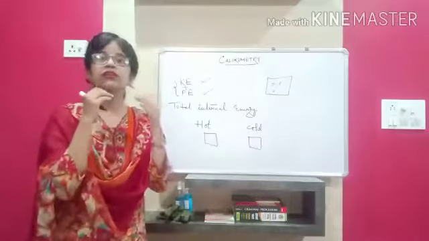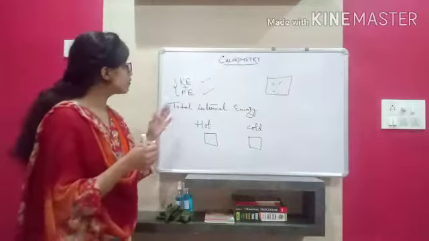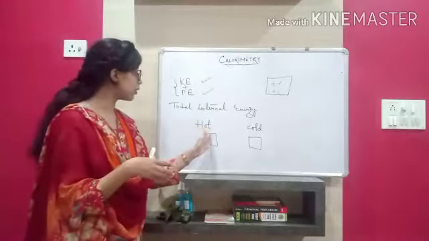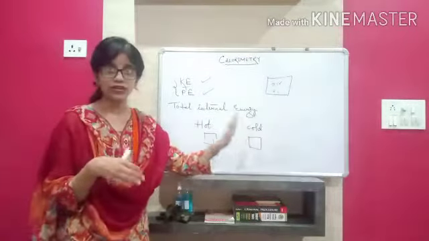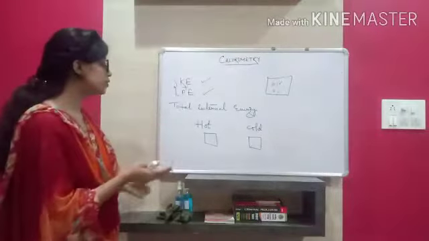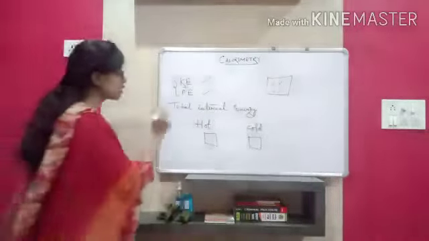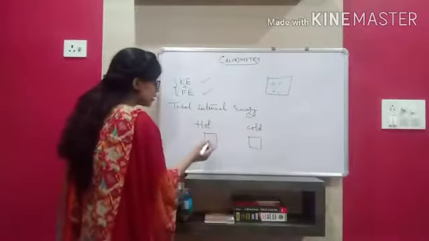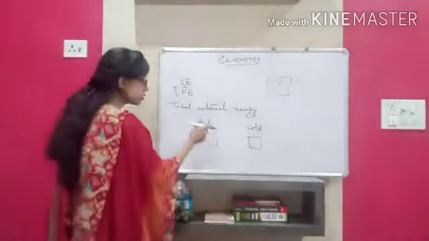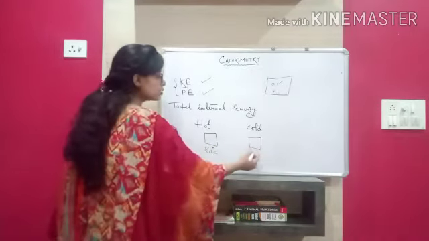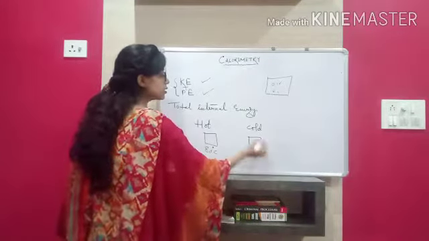Of course, the energy will transfer from the hot body to the cold body, isn't it? The energy will start transferring from the hot body to the cold body. Okay, now see the amount. Let's say that this body is at 80 degrees Celsius, and this body is at 60 degrees Celsius.